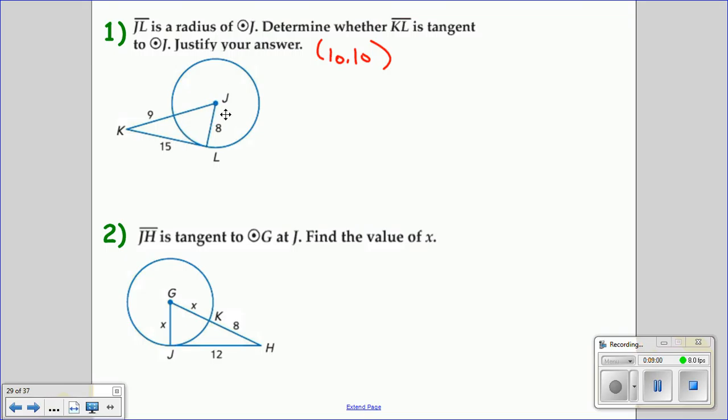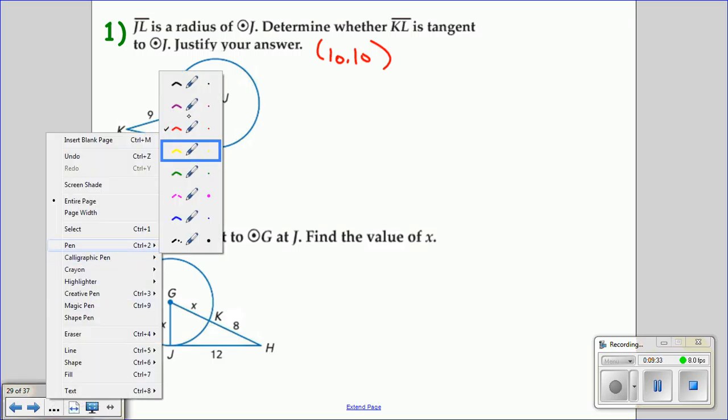So we have to prove that JL and KL are perpendicular to each other. So in other words, this triangle KJL, we have to prove that it's a right triangle and that the right angle is right here where KL meets JL.